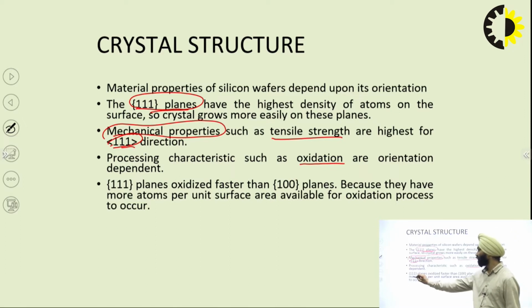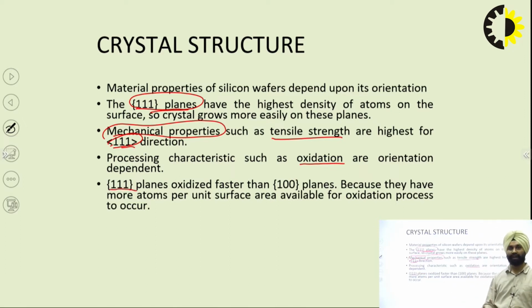So 111 Miller indices will have more oxidation than the 100 orientation, because there are fewer atoms present on the surface.